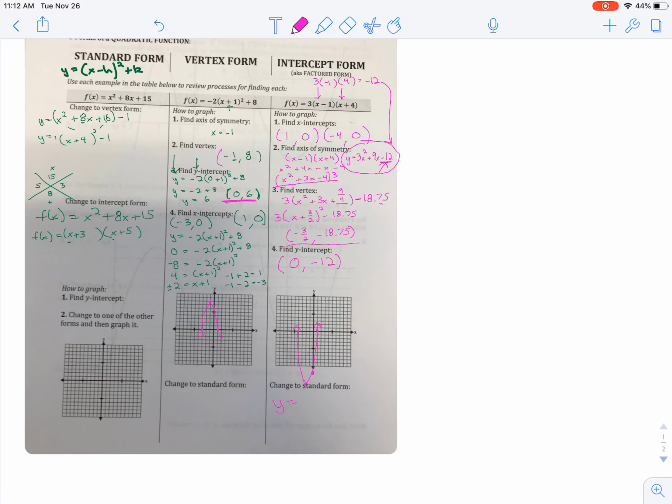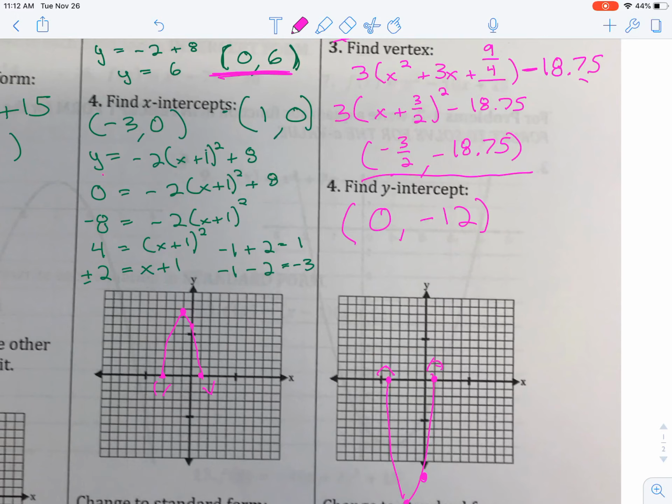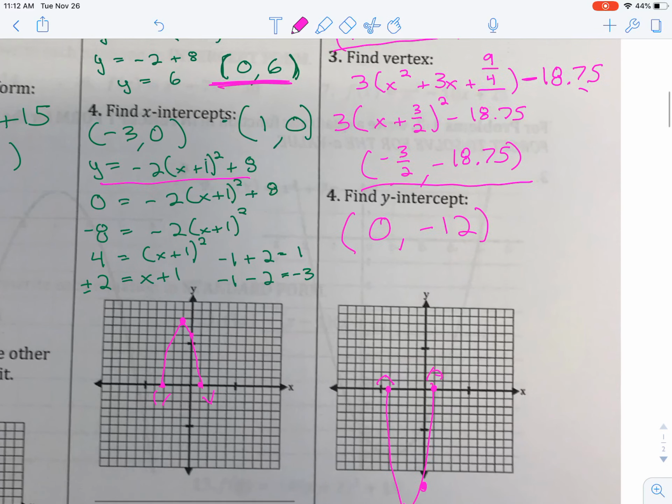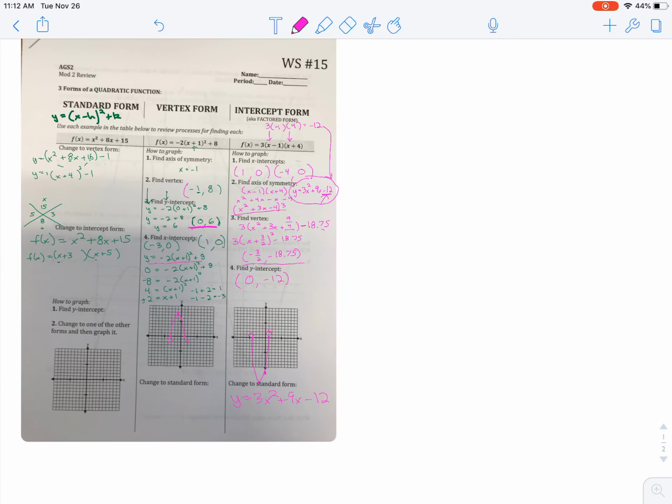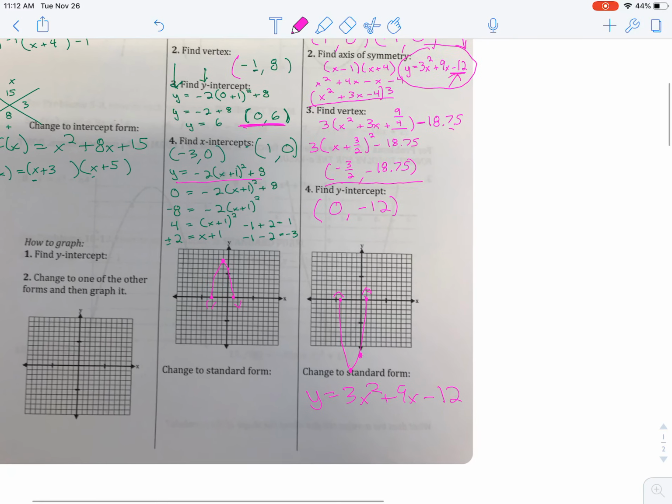Our standard form on this one was y equals 3x squared plus 9x minus 12. And over here, I'm running out of time on the video, but we would just have to FOIL this, and it would give us the standard form, okay?